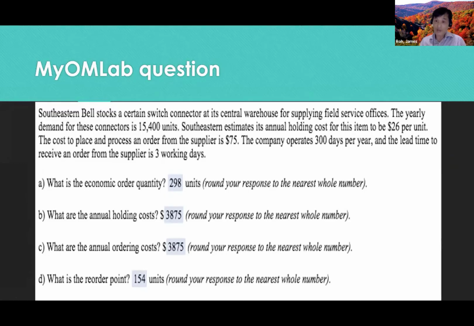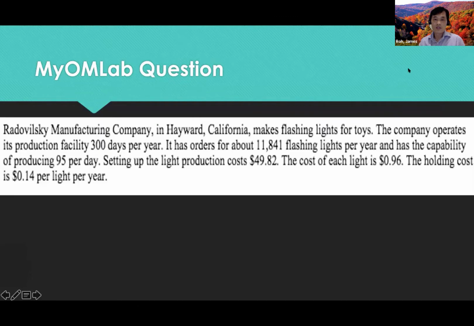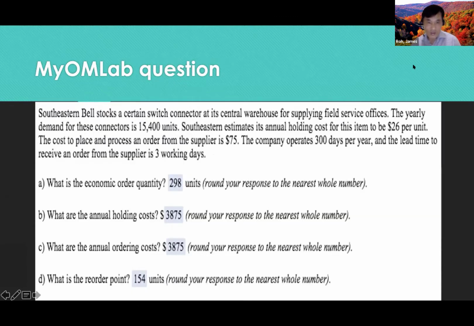This question is very similar to what we have discussed so far, but you have to calculate the holding cost and ordering cost and reorder point. So let me give you some time to think.